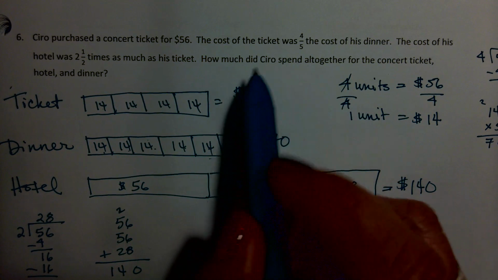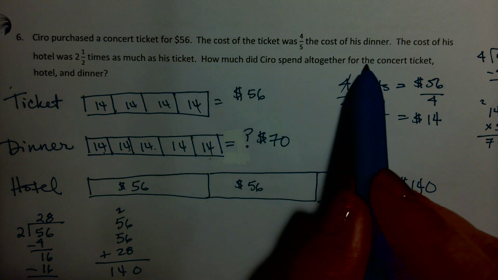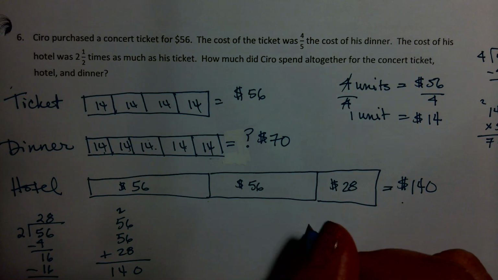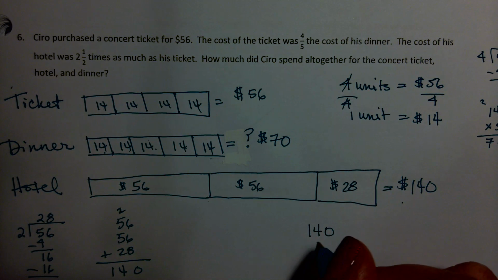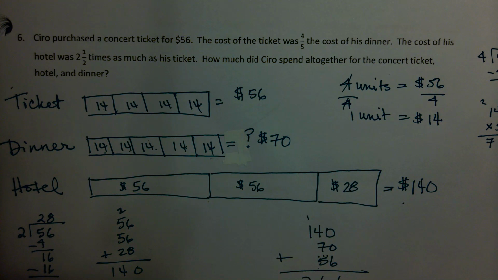The question asks, how much did Ciro spend all together for the concert ticket, hotel, and dinner? So we need to add 140 plus 70 plus 56, and we get $266.